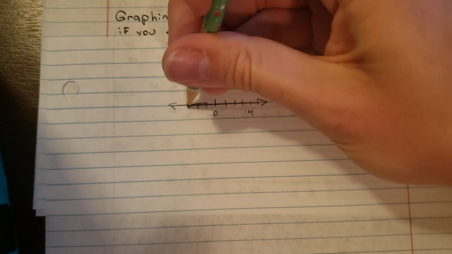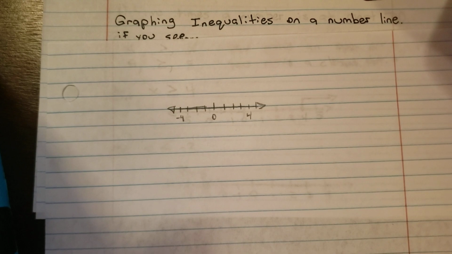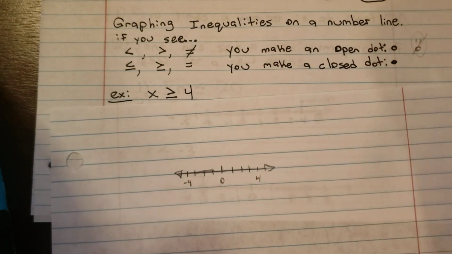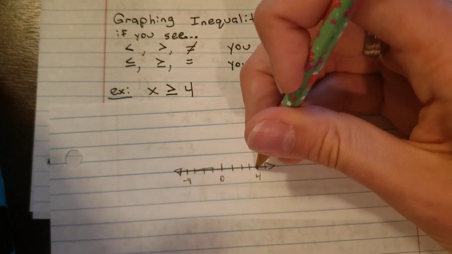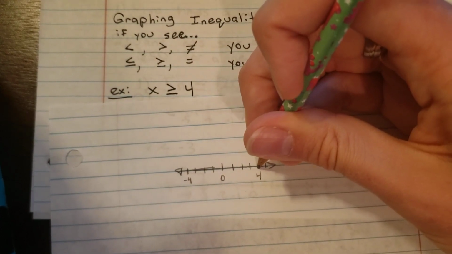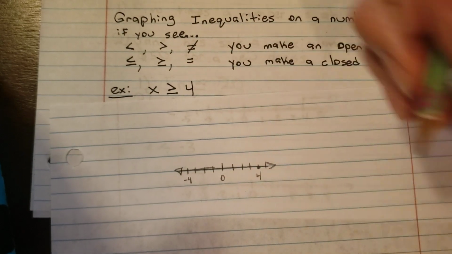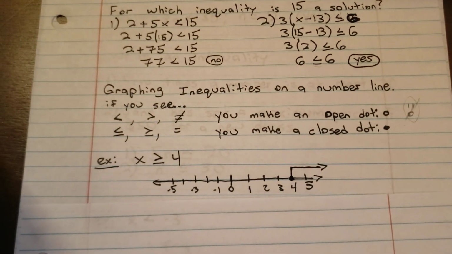Negative 1, 2, 3, 4, 5. So it's asking for greater than or equal to. So I know it's going to be a closed dot right here at 4.